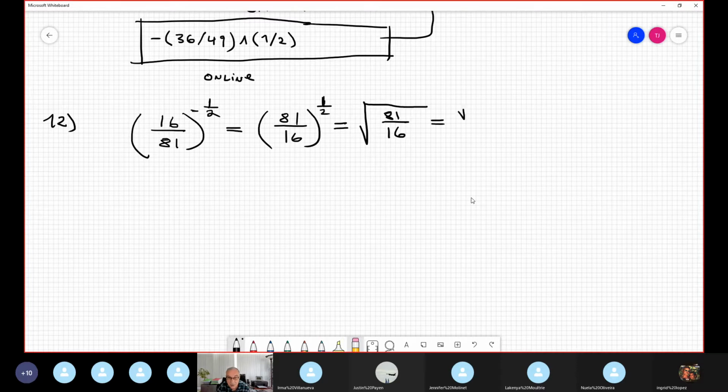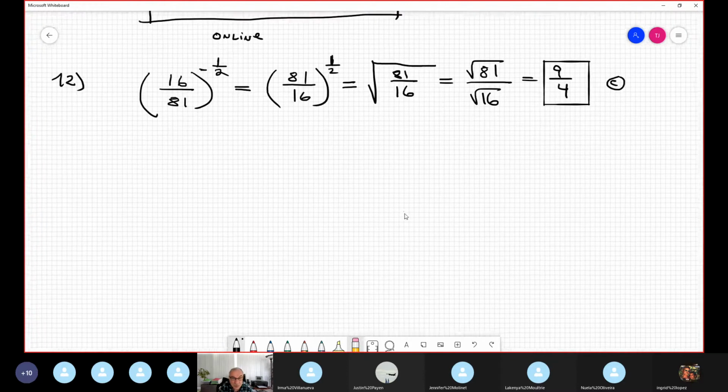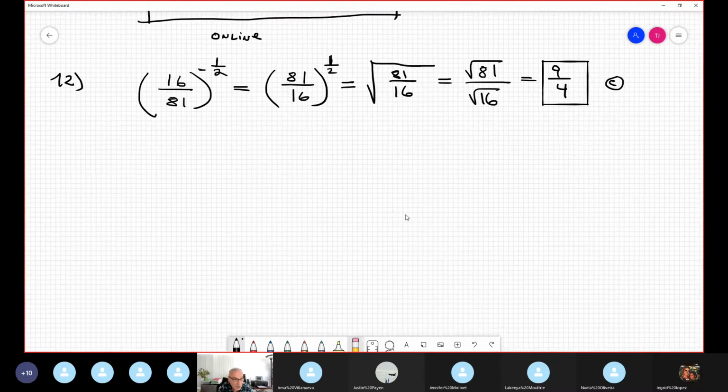And you separate square root 81, square root 16, this is 9, this is 4, and that's the story. I finish. Option C, I guess so. Any question? It's easy or hard? It's easy.